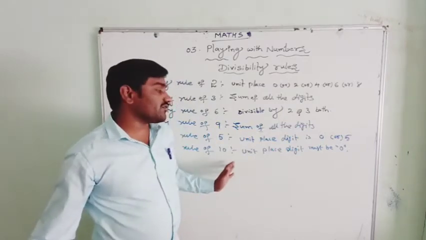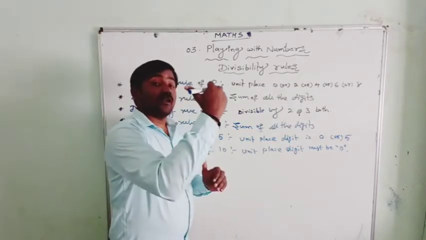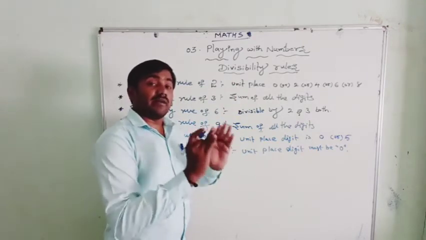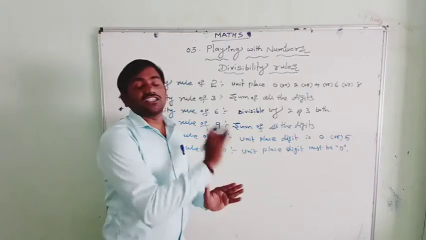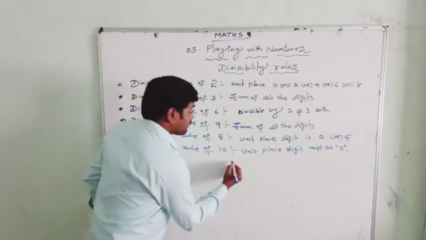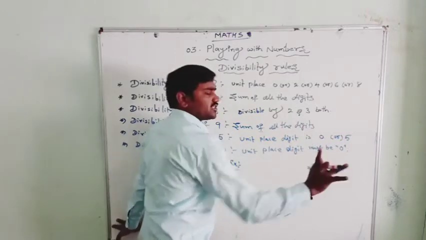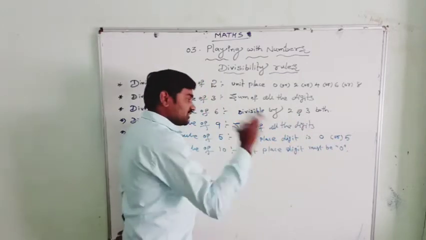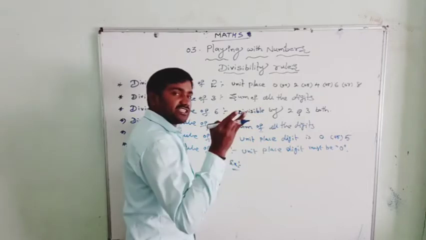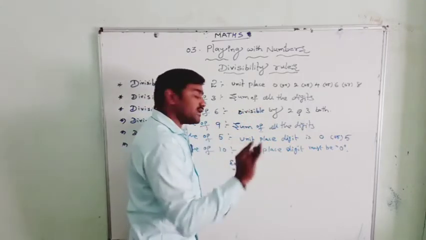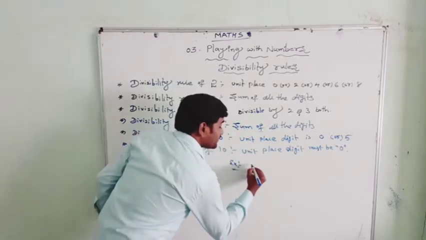What is the divisibility rule of 10? If the unit place of a given number is 0, then the number is divisible by 10, or else it is not divisible by 10. For example, only the unit place must be 0. Other than 0, if any number is present at the unit place of the given number, the number is not divisible by 10.